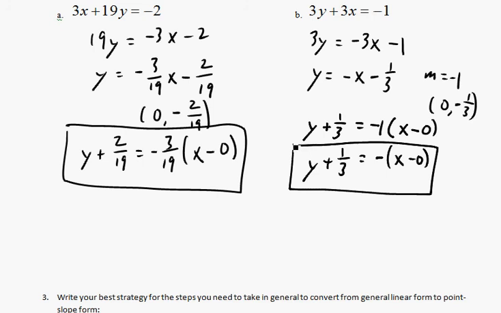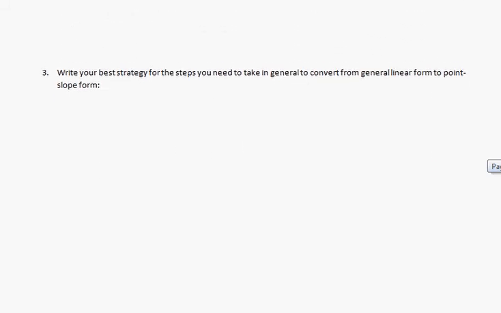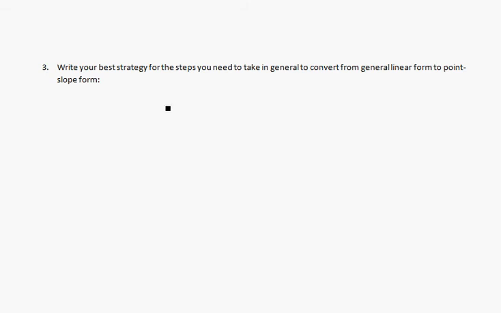There you have it. So, let's write down our best strategy for the steps you would need to take in general to convert from general linear form to point-slope form.